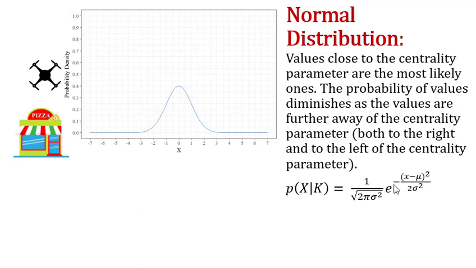The sigma will determine how flat this curve is. So if the sigma is very large, then this curve will be flatter.